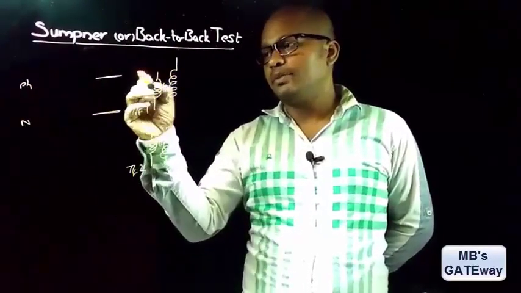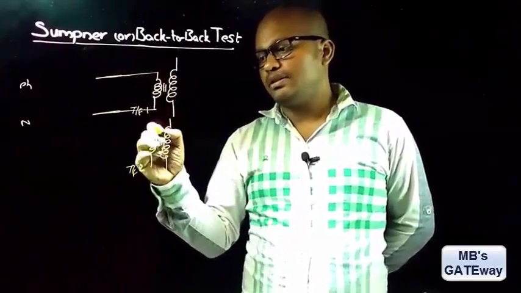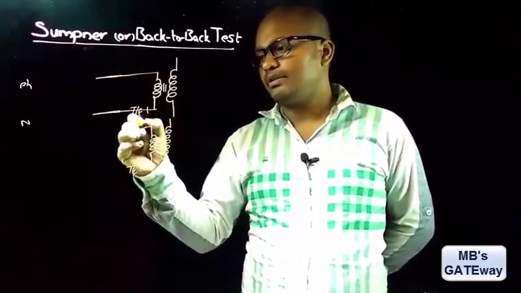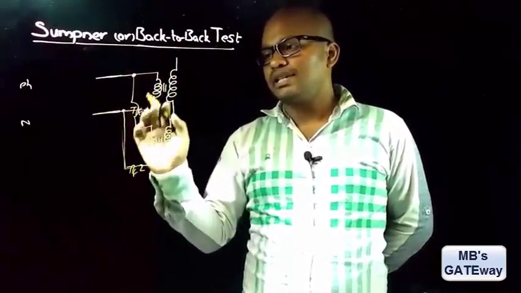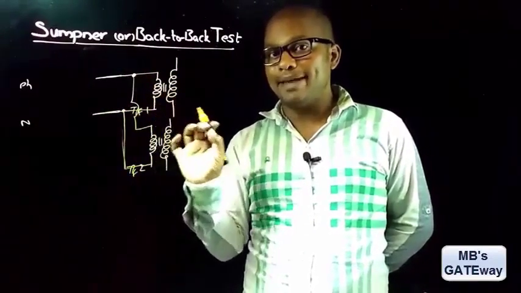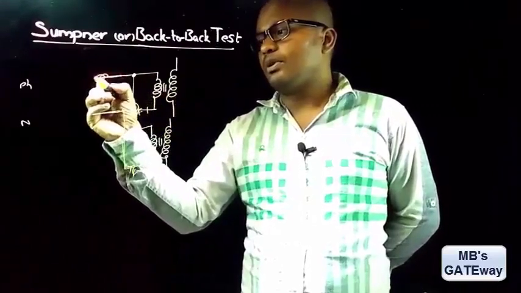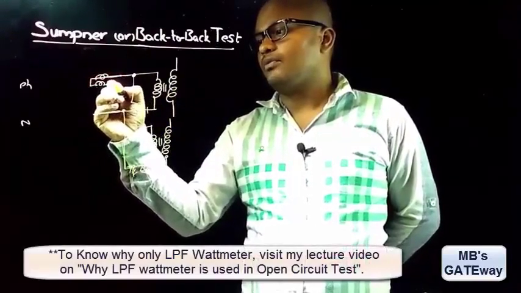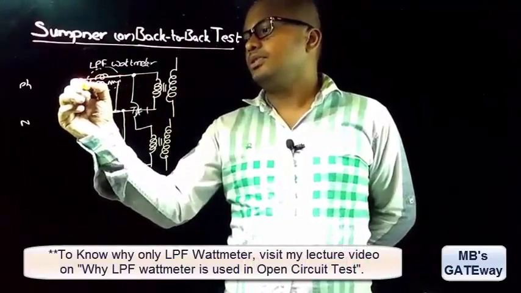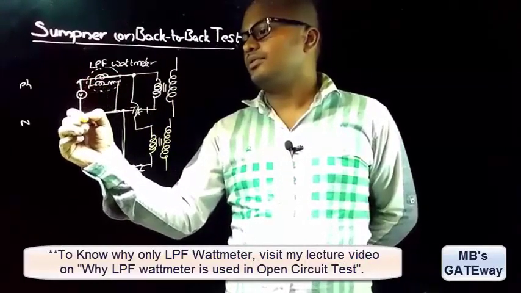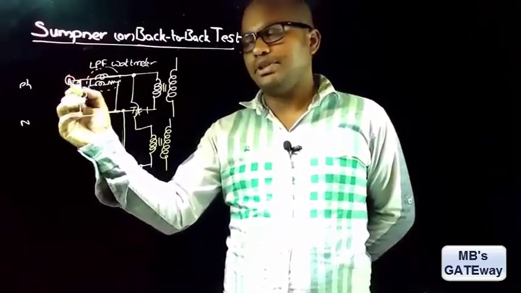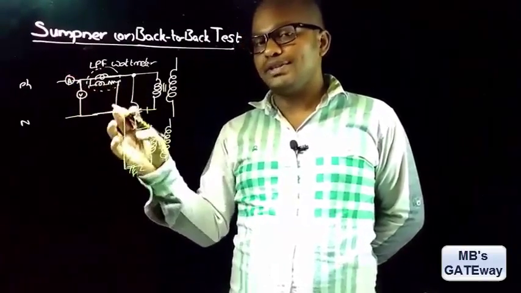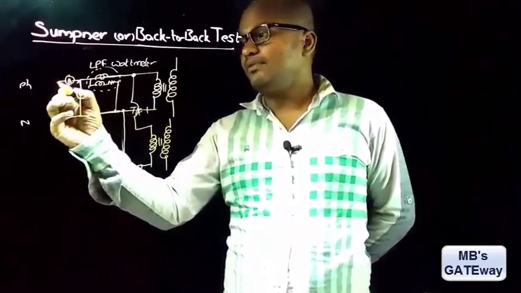So this transformer primary is receiving supply like this, and this transformer primary is receiving supply like this, which means the transformer primaries are connected in parallel. To measure the input power, we are connecting an LPF wattmeter, to measure the input voltage, a voltmeter, and to measure the input current, an ammeter, and this total circuit is receiving power through a single phase variac.